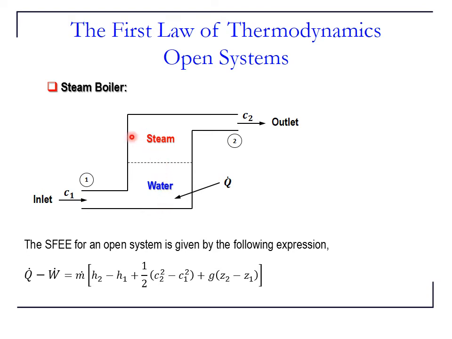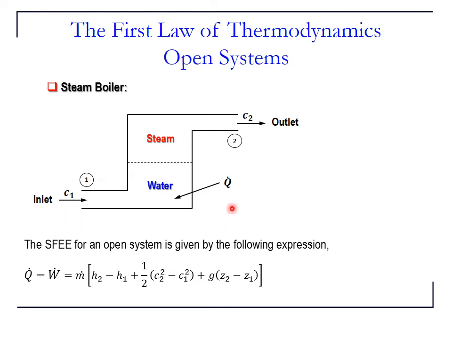By burning different kinds of fuel, for example coal or natural gas, the water will absorb heat from the combustion of the fuel and be evaporated into steam. Then the steam will exit the steam boiler at the outlet.